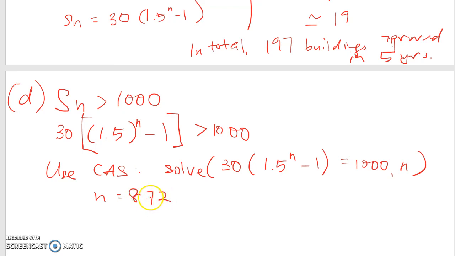Now remember, the question is asking for which year will it exceed this 1,000. So n must be bigger than 8.72, which means it must exceed this number of years. And the next year, which will follow this, would be the 9th year.